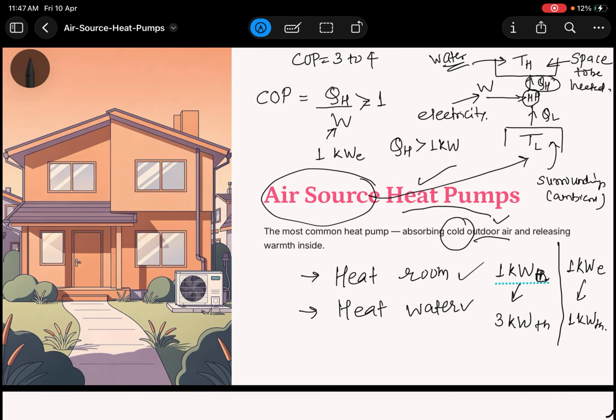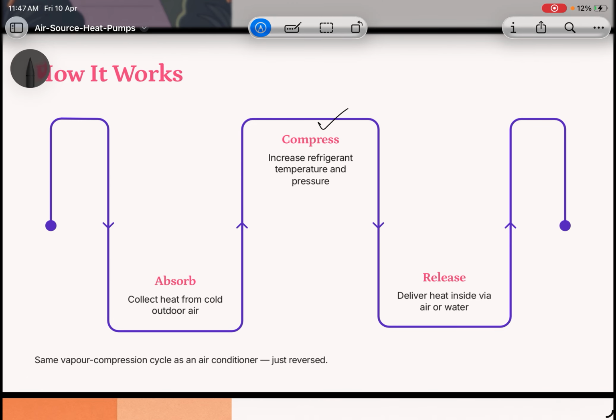Now, why is this possible? Why can we extract the heat from a colder space? This is because we are supplying electricity. This machine, the heat pump, is basically a vapor compression refrigeration system. You have a compressor here, a condenser to release the heat, and an evaporator where the heat is absorbed.